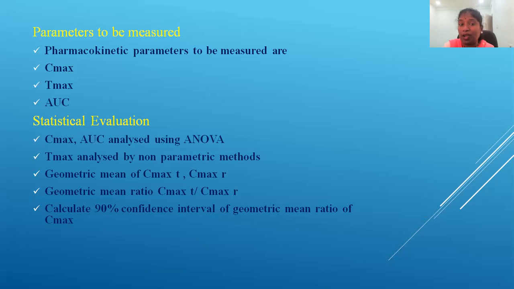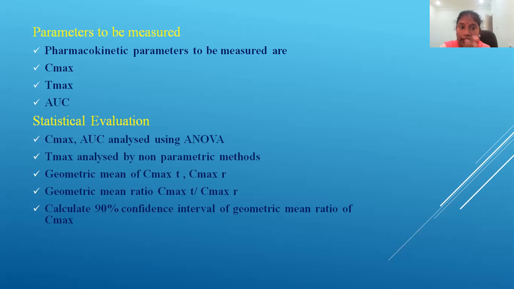That's why the plasma concentration is dependent on pharmaceutical and physiological factors, so it will be changed. That's why we plot it on the y-axis, and the independent variable, which does not depend upon any factors, we keep on the x-axis.